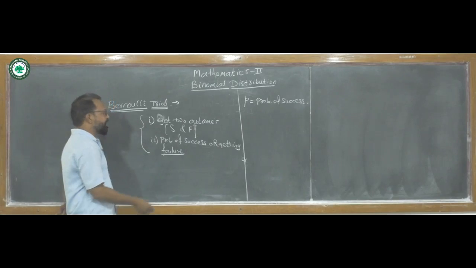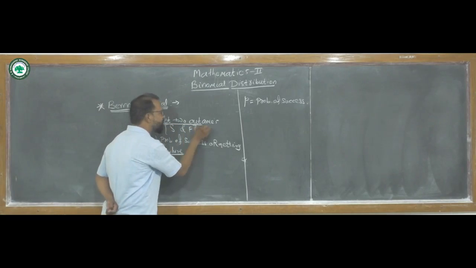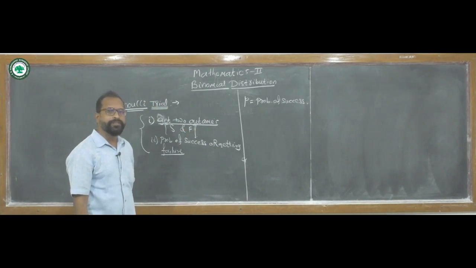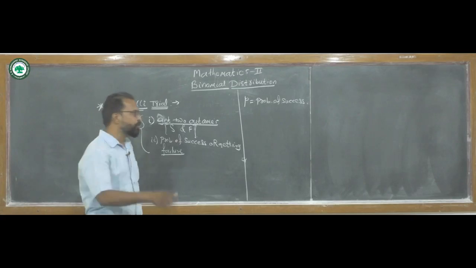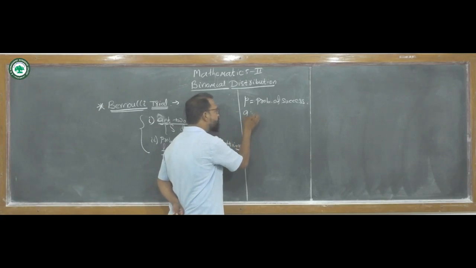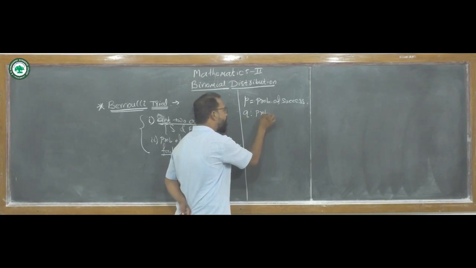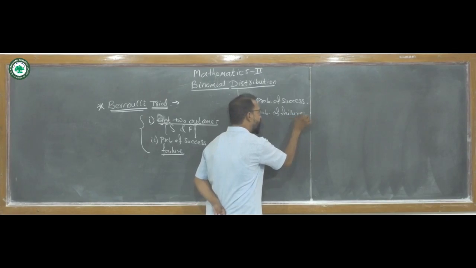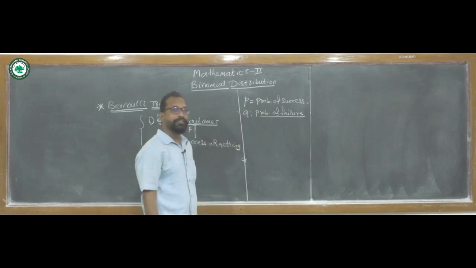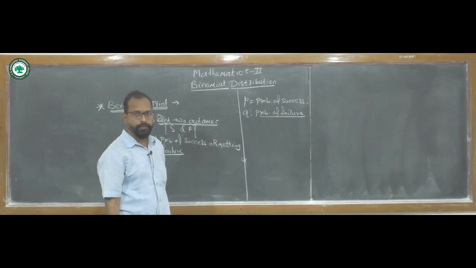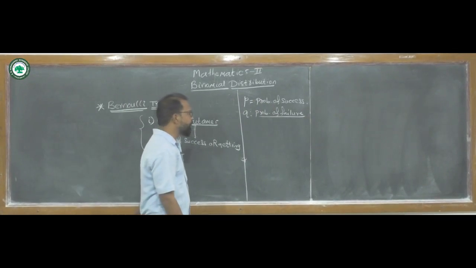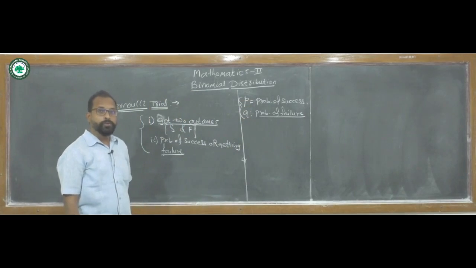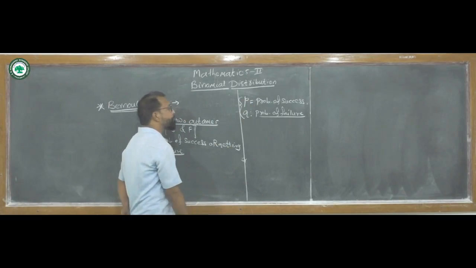Now, in Bernoulli's trial, we say that it consists of only two outcomes. One is a success and the second is a failure. And if we denote q equals probability of failure, then this success and failure together give us the sample space.